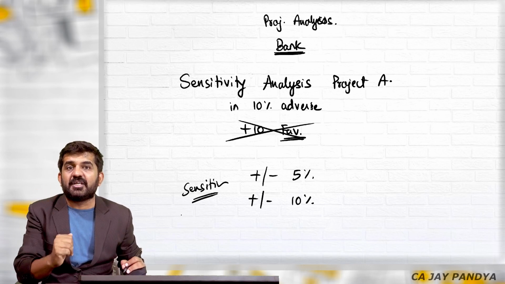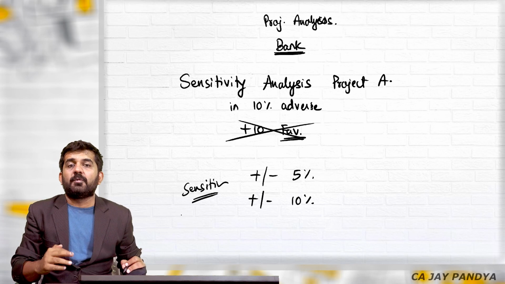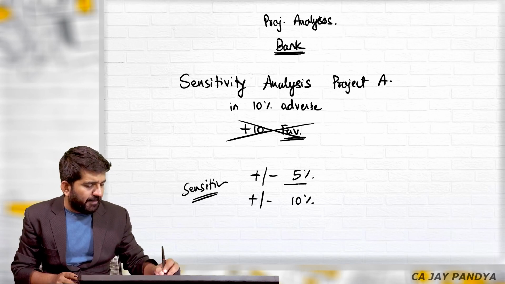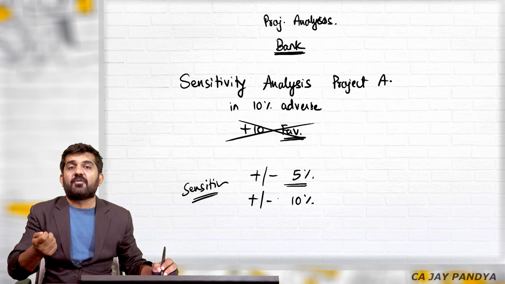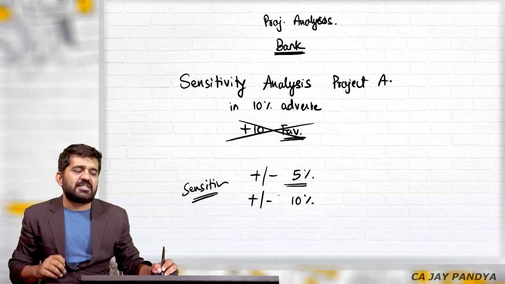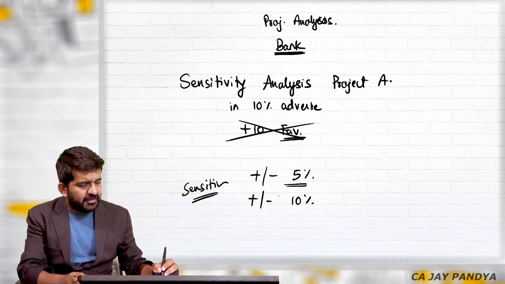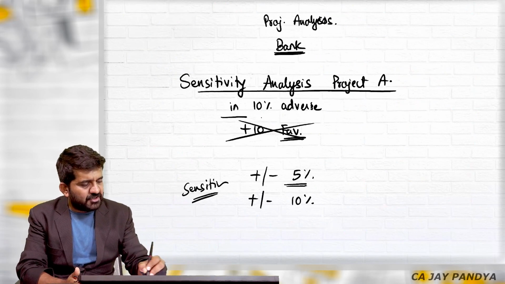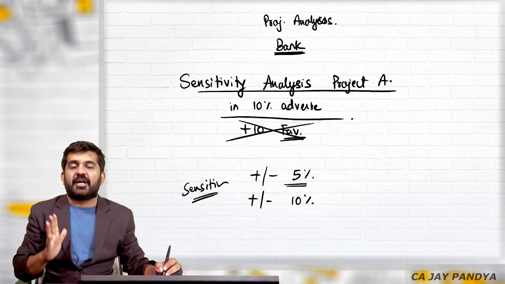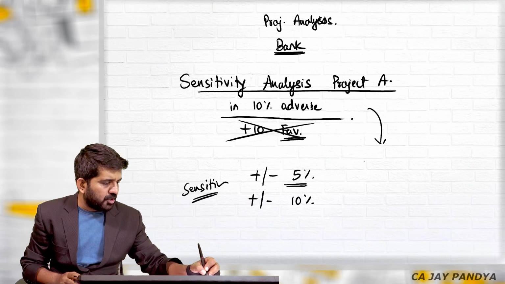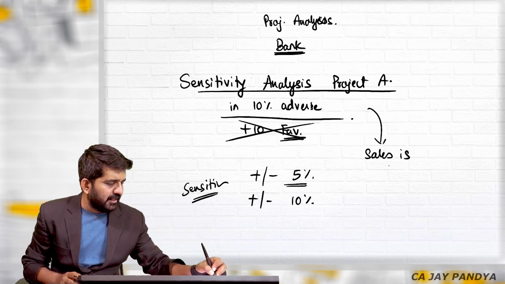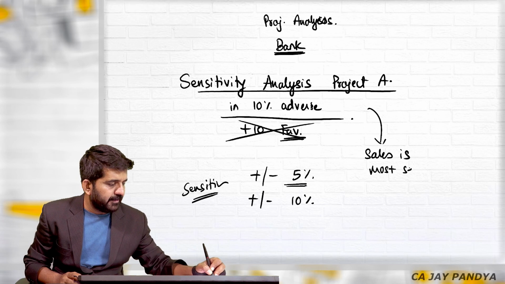What if it increases or decreases? What will be the impact on NPV? The impact on NPV at 10% or 5% changes is nothing but sensitivity analysis. Exactly what we have done: sensitivity analysis of project A in a 10% adverse situation. What we have concluded: sales is most sensitive.